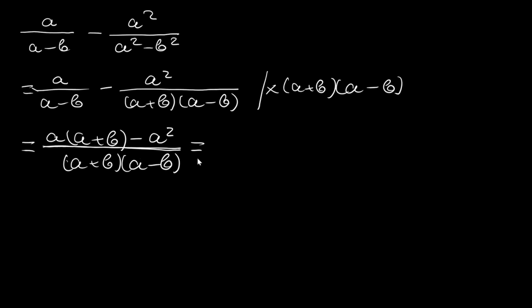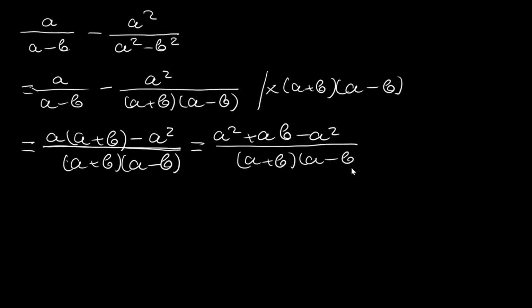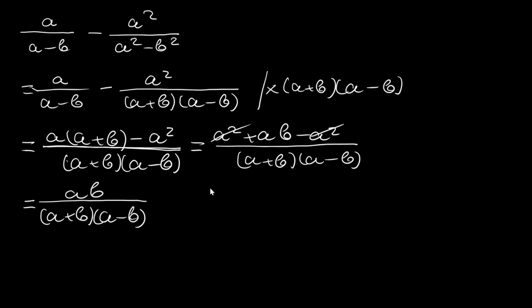So we can now remove the brackets and we can get a squared plus ab minus a squared over a plus b times a minus b. And we cross this one out and we are left with a times b over a plus b times a minus b. Let's keep going.